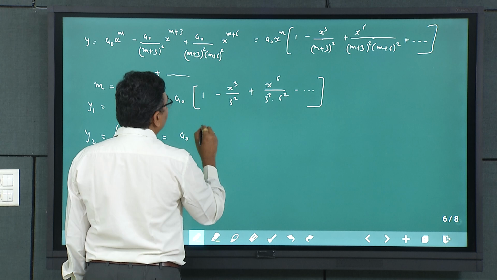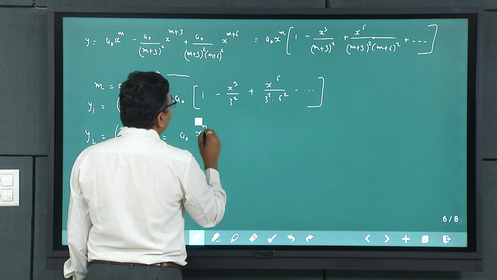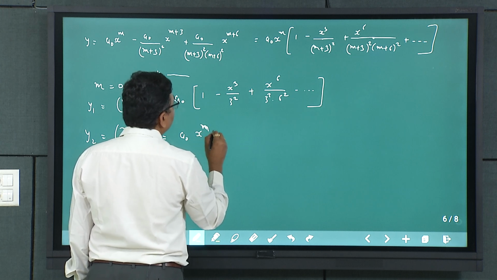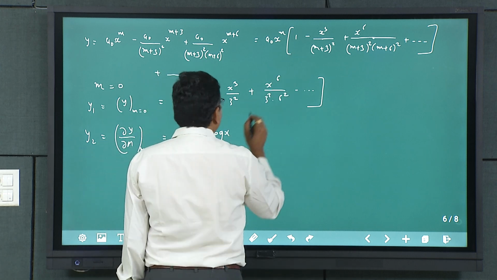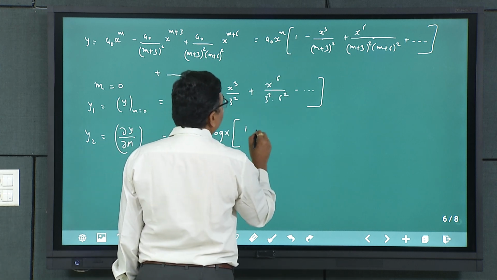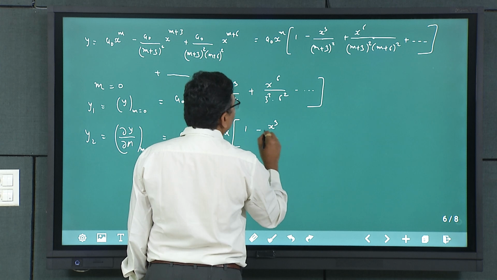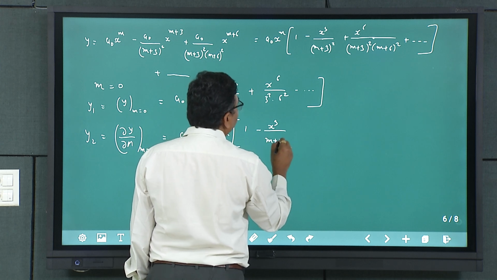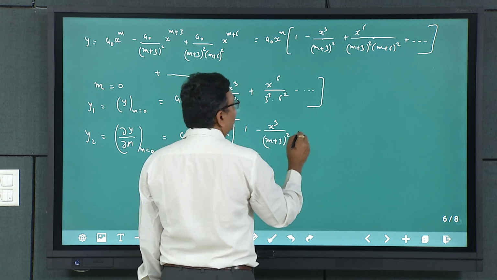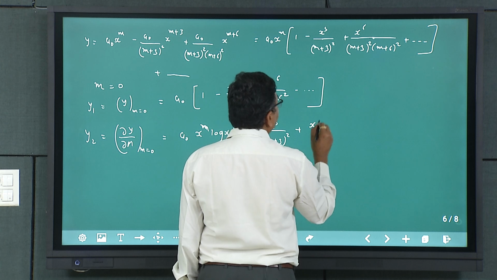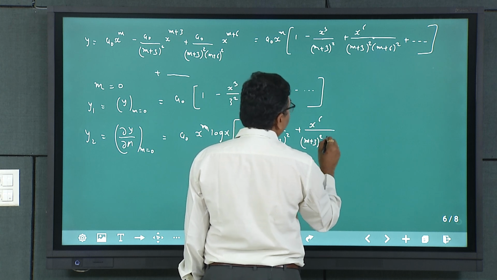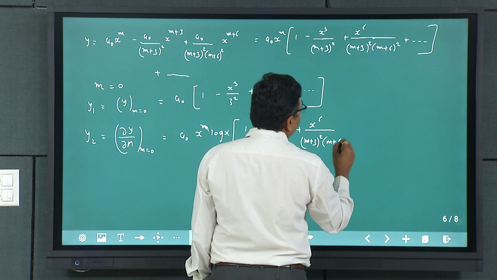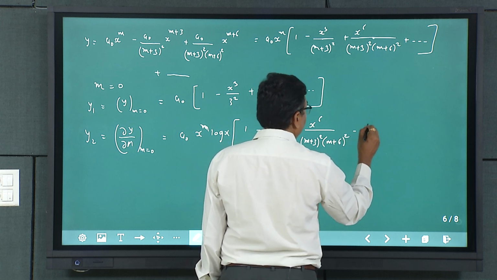It is x raised to power m into log x, into log x, and this term is as it is. So 1 minus x cube upon (m plus 3) whole square plus x raised to 6 upon (m plus 3) whole square (m plus 6) whole square and so on.